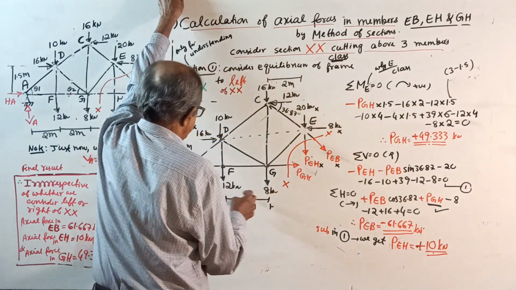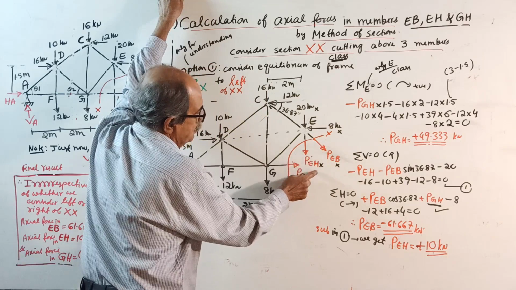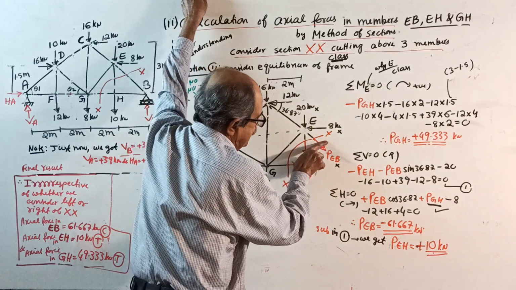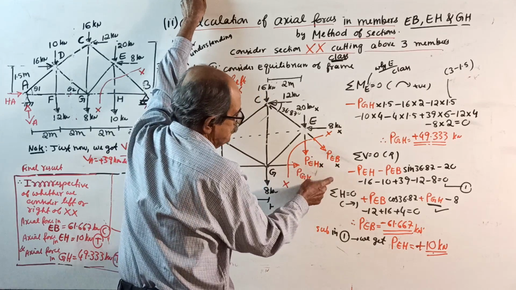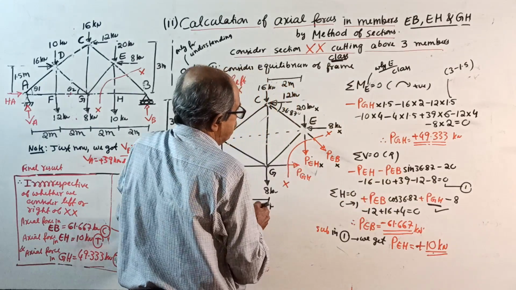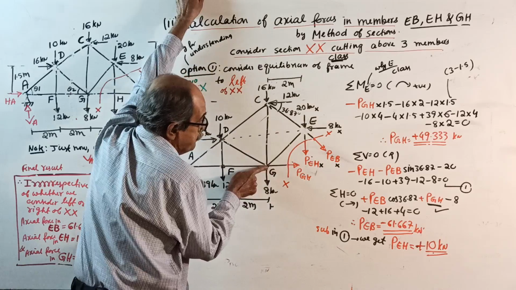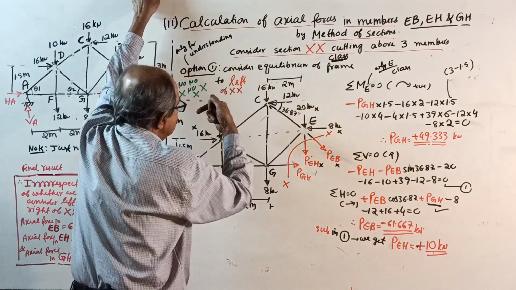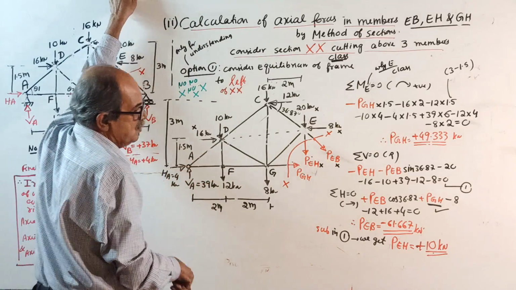Sigma H equal to 0: plus PEB cos 36.87, plus PGH, minus 8, minus 12, plus 16, plus 4 equal to 0.